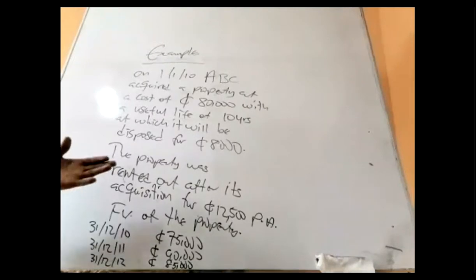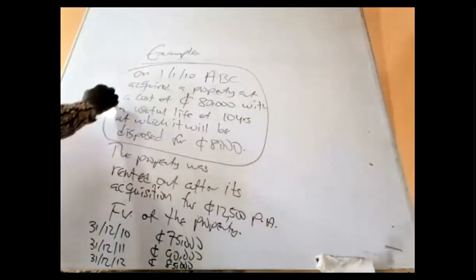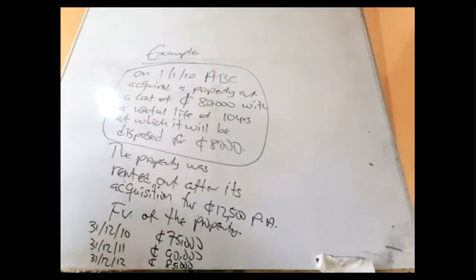Okay, so let's summarize the question. The question is in 3 paragraphs. Paragraph 1 is just giving us the general view. The company acquired property, meaning that it's made up of land or a building.